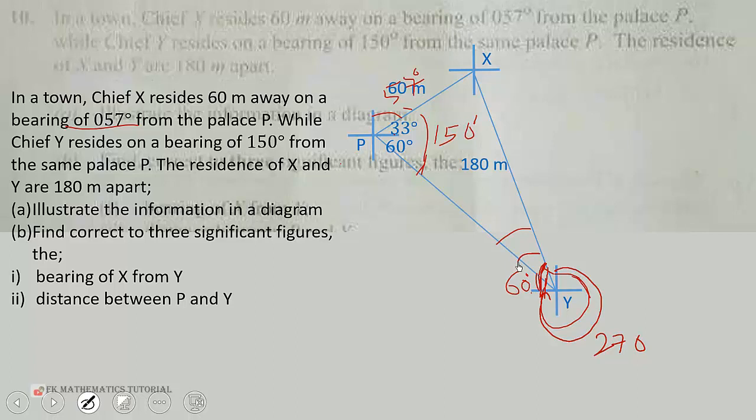We are going to use the sine rule, because this angle here is not 90 degrees. If you add 60 and 33, you don't get 90.